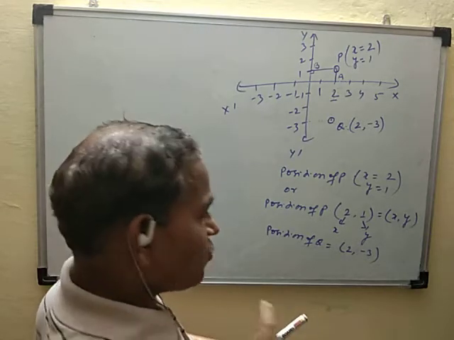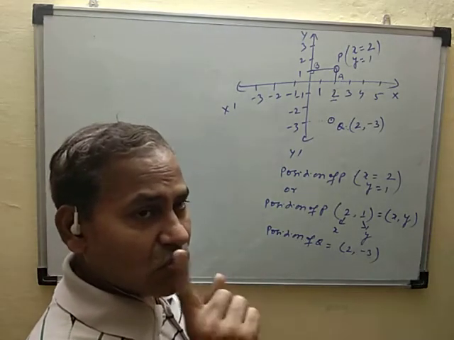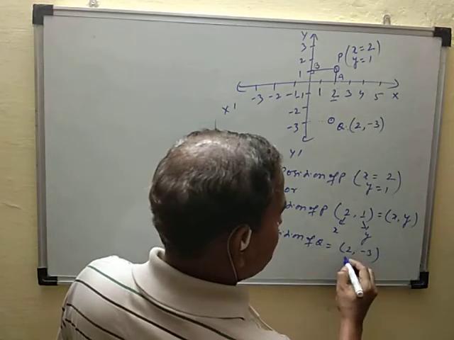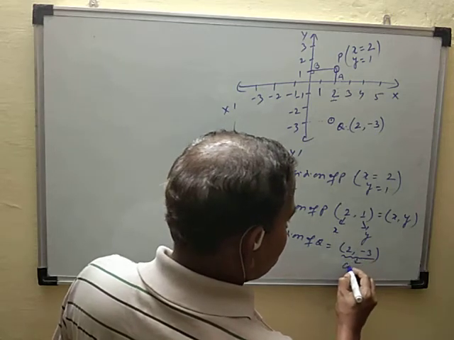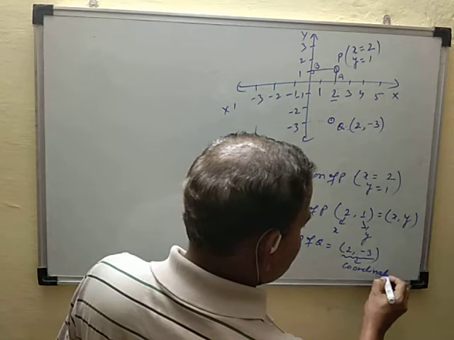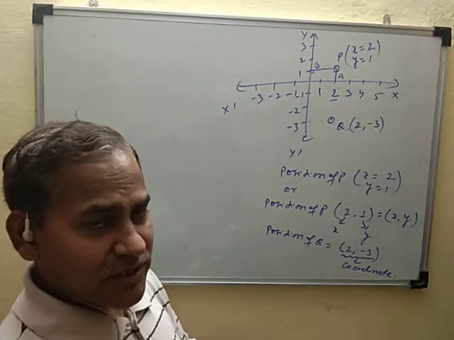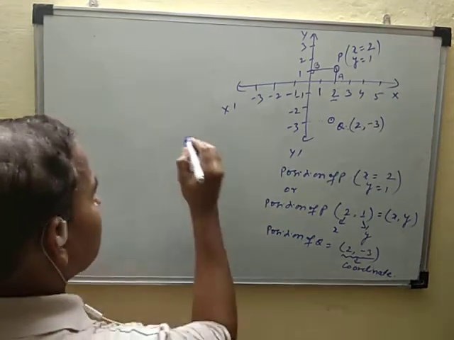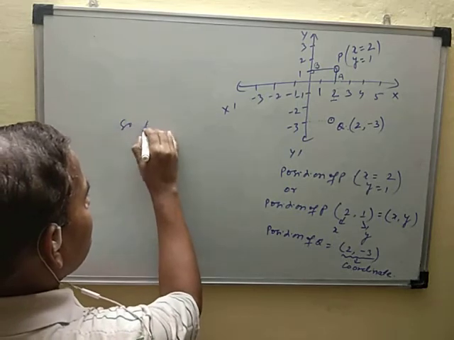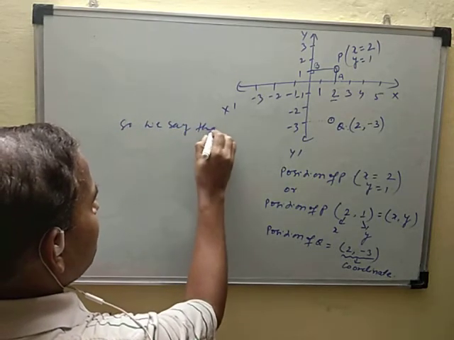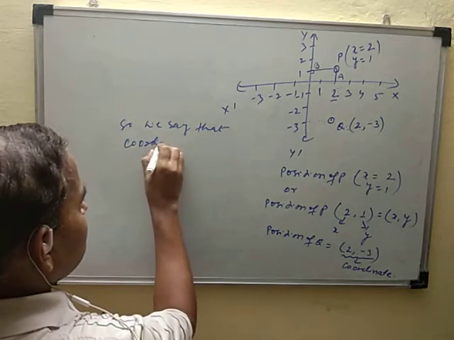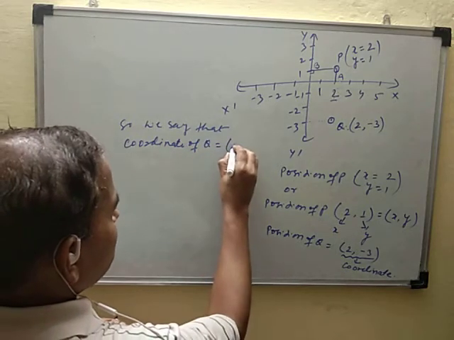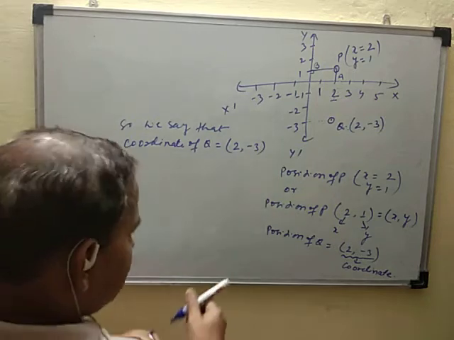This position of Q, (2, -3), is also called the coordinate of point Q. So we say that the coordinate of Q is equal to (2, -3).